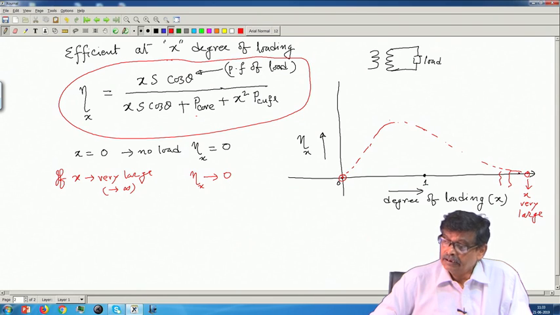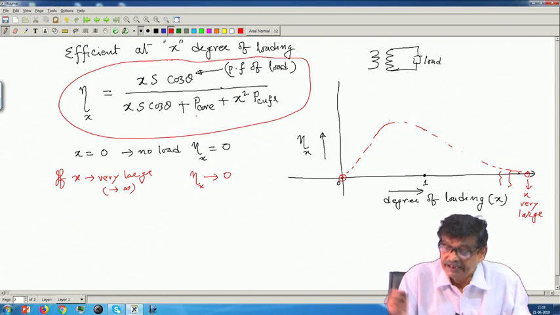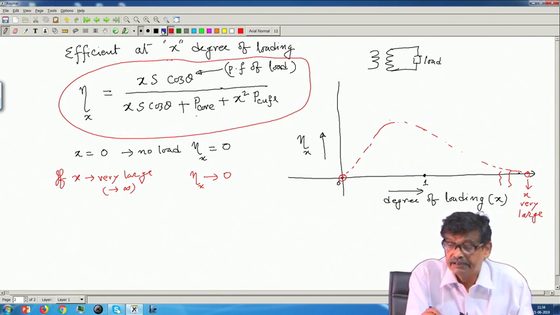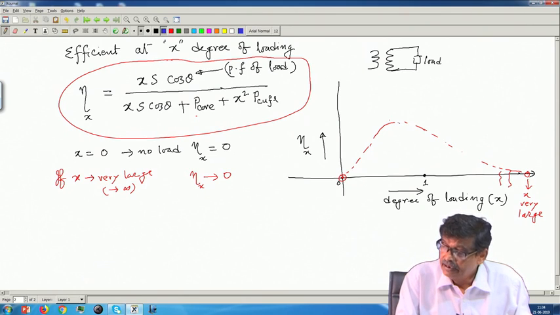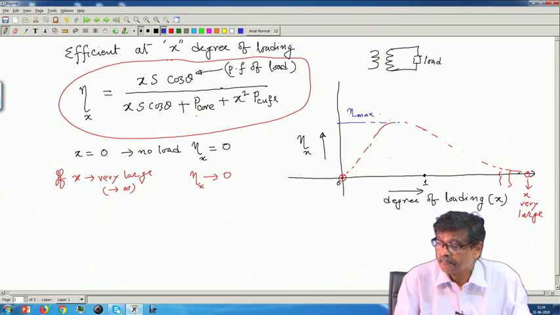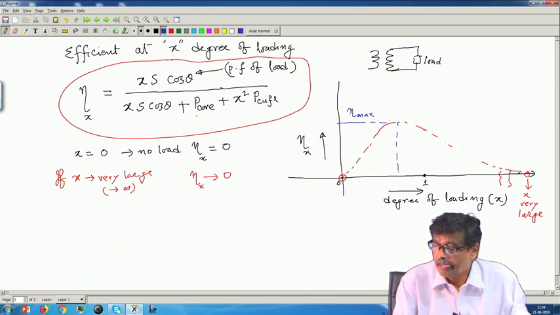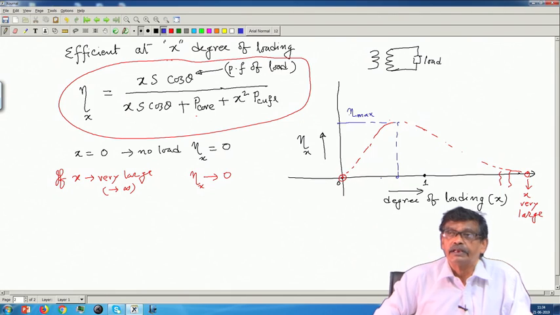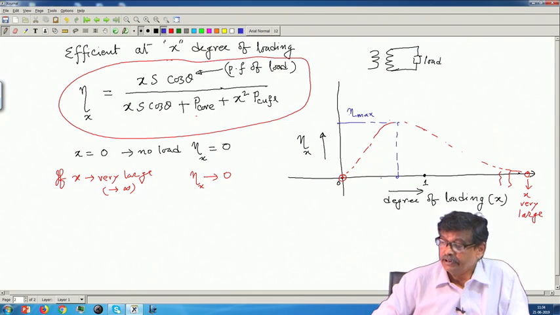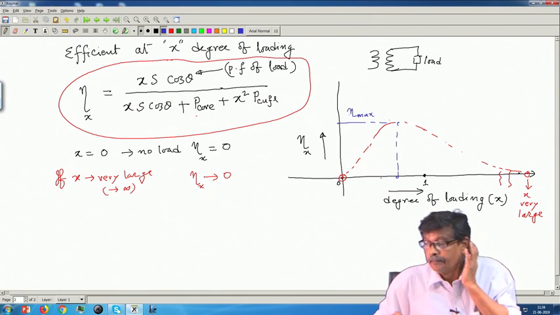Okay. In other words, what I am telling, I would expect that efficiency will have some eta max at some degree of loading. Got the point? So, this is the thing.